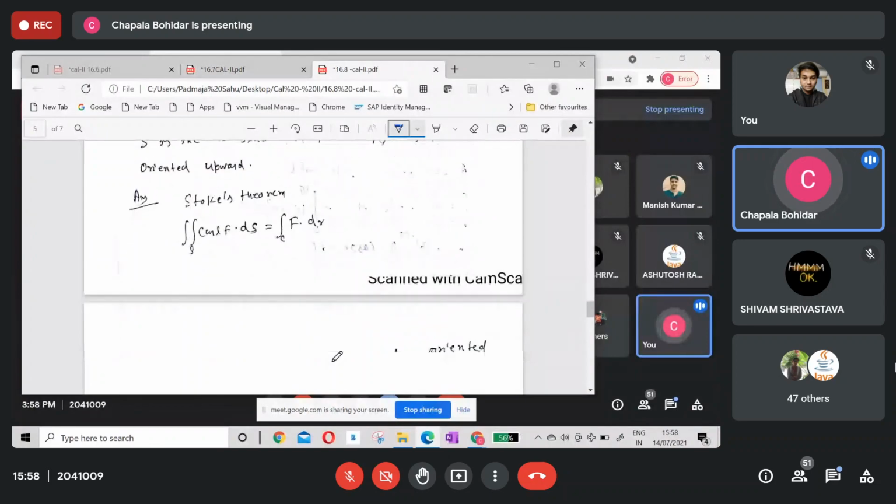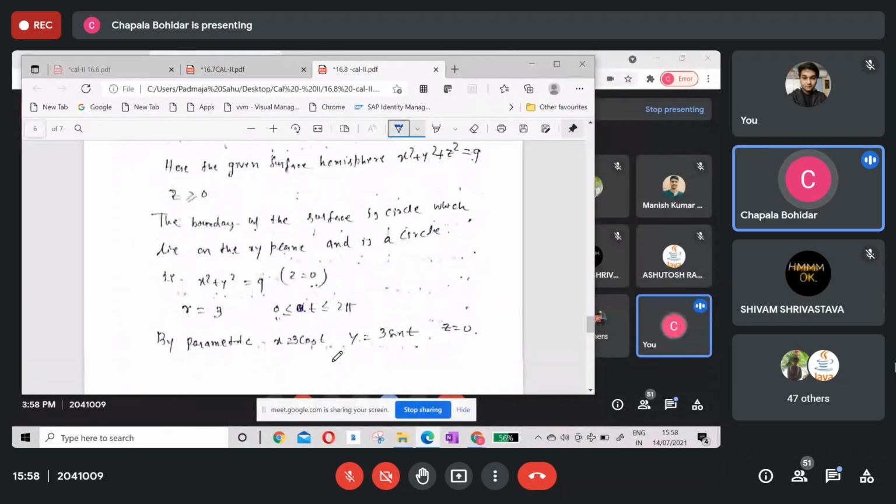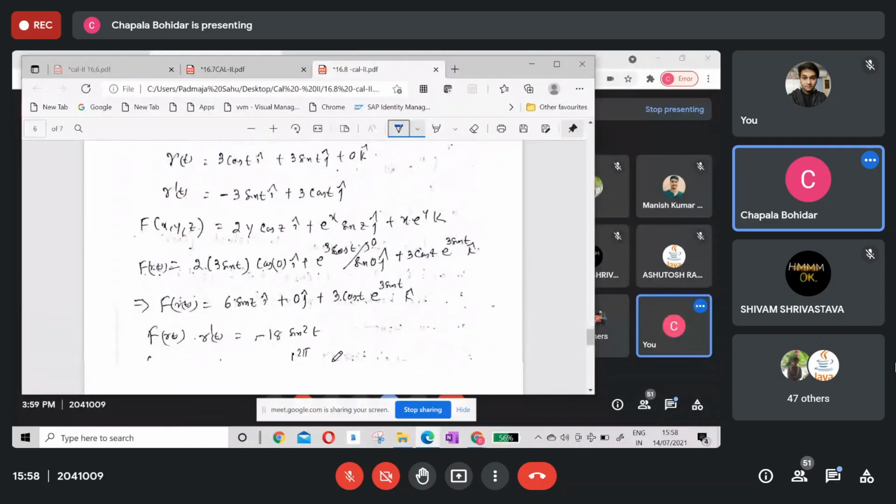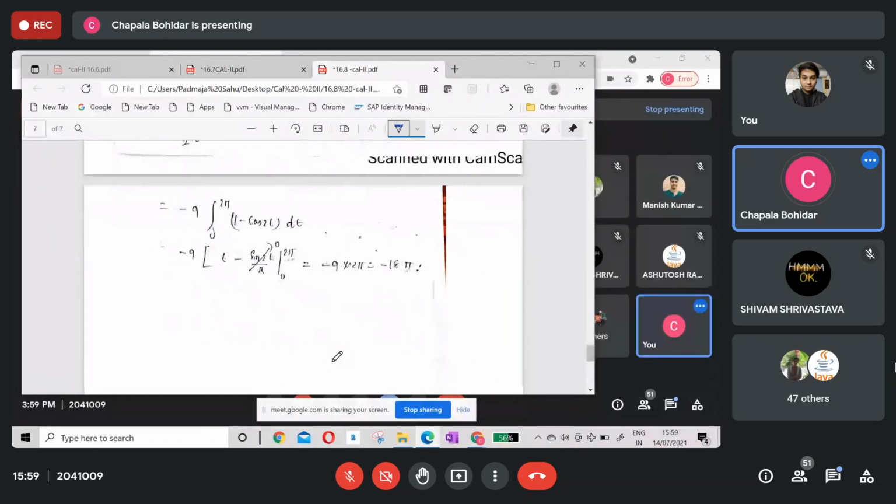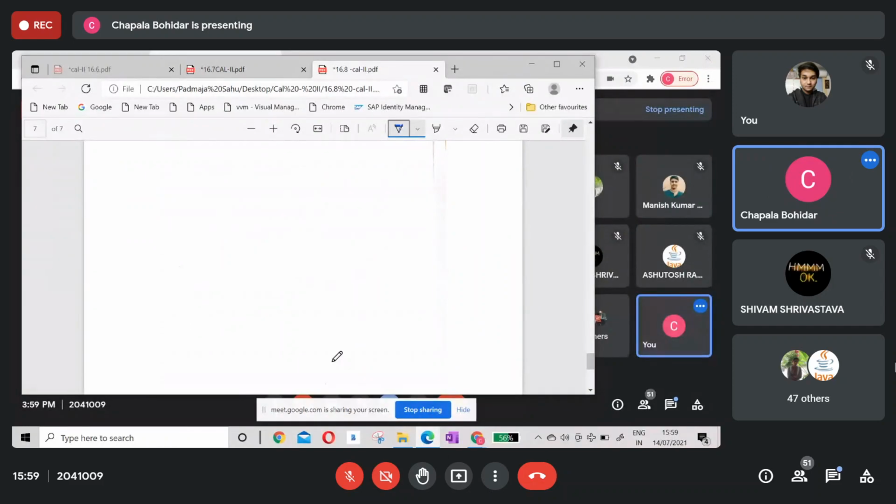So you do question number 3 yourself. Let me check. What is your question number 3? S is the part of the paraboloid that lies inside the cylinder, oriented upward.